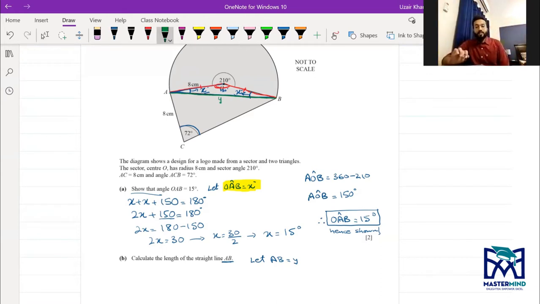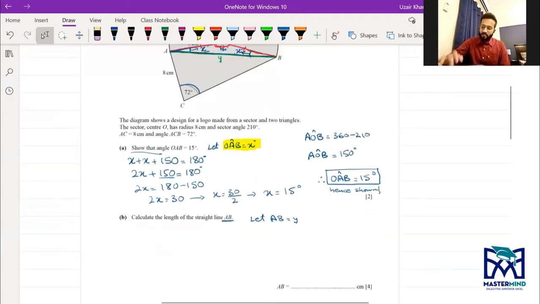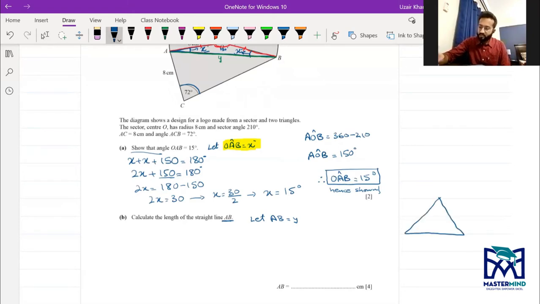Now, in order to calculate this, there is a concept in further trigonometry called the sine rule. The sine rule says that if you have a triangle ABC, this length is labeled as small a, this length is labeled as small b, and this length is labeled as small c. So they are labeled with small letters with respect to the angles they are opposite to.